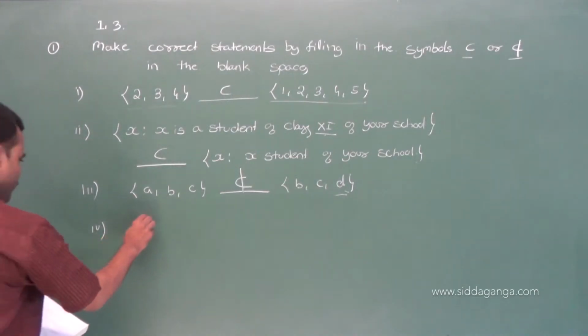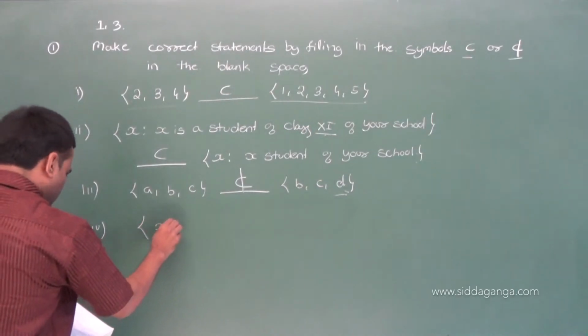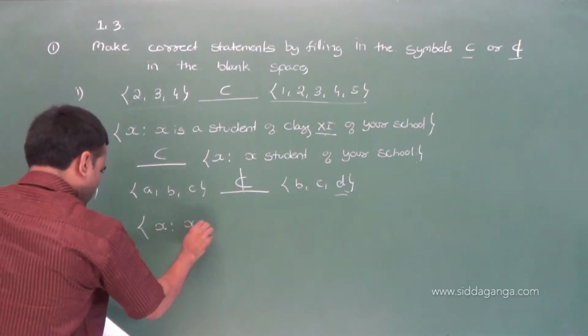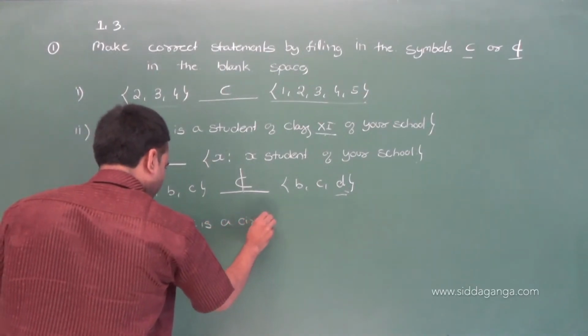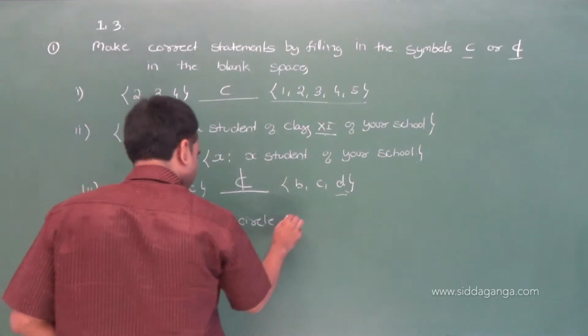Fourth one. X such that X is a circle in the plane.